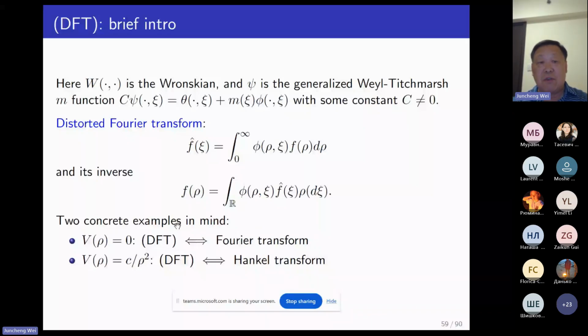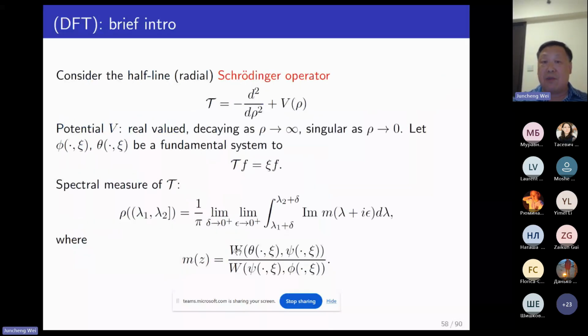This distorted Fourier transform agrees with the classical Fourier transform if V is 0. If V is the Hardy term, C over rho square, the distorted Fourier transform is just the so-called Hankel transform. But our problem is not Hardy; it is some other function.